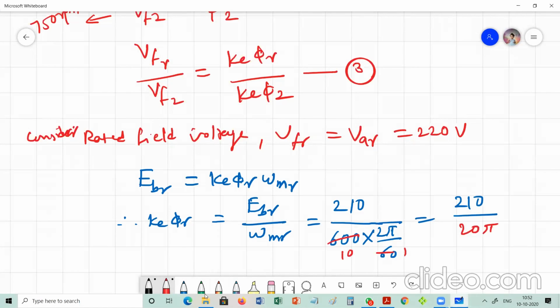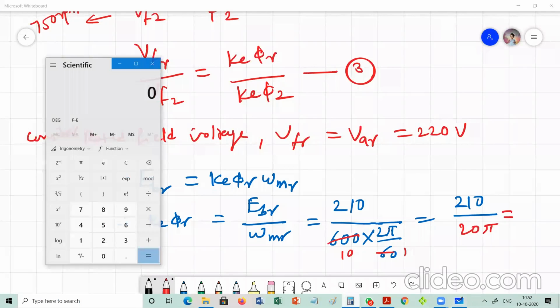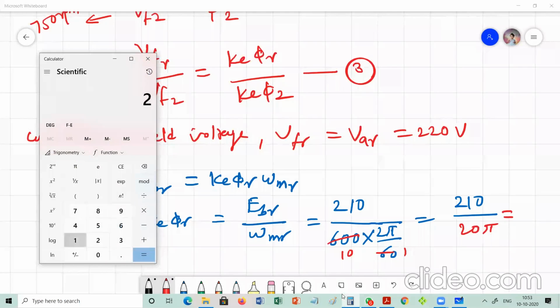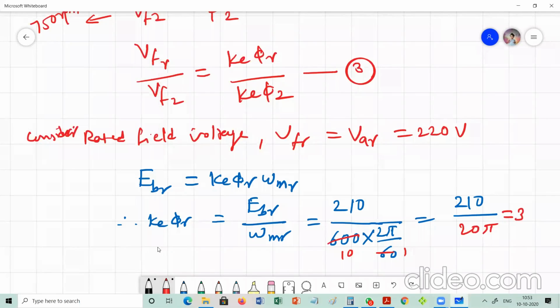I will use the calculator. 210 divided by 20 divided by pi is equal to 3.342. Now we have the value of Ke phi r. So now we have to proceed to calculate Ke phi 2.